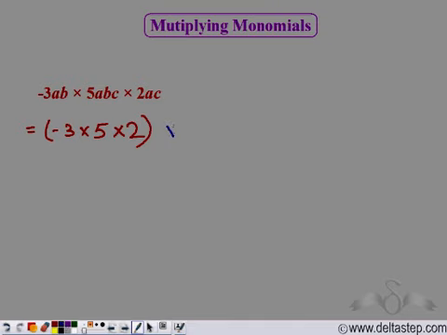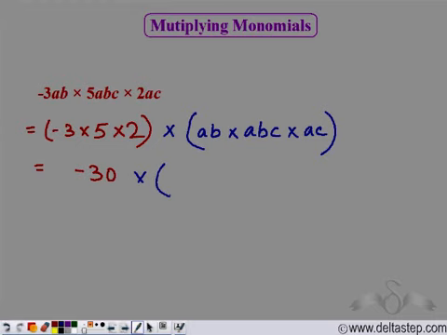And the algebraic parts, ab into abc into ac. Now what is this? Negative 3 into 5 into 2. Negative 3 into 5 is negative 15 into 2 is negative 30. So it is negative 30 into.